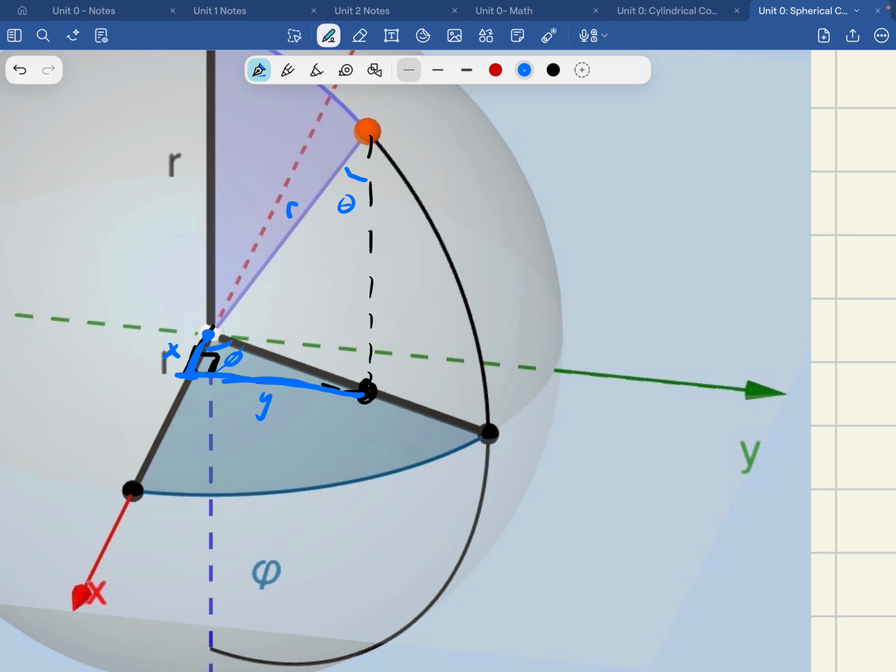This distance is r. So on this vertical triangle, the base of the vertical triangle is r sine theta, and the base of the vertical triangle is the hypotenuse of the flat triangle in the xy plane.